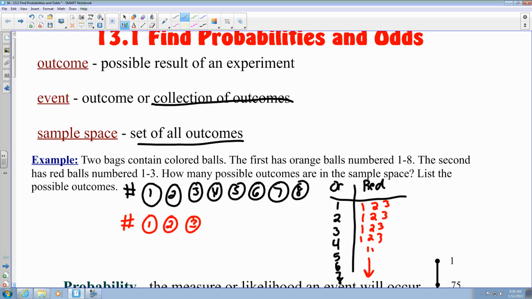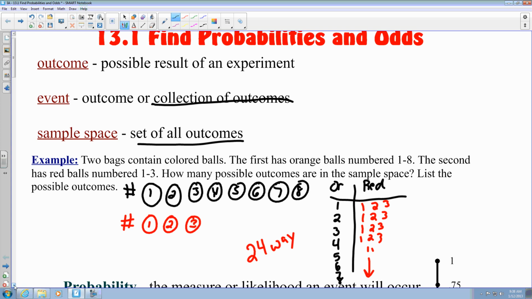And if I were to count how many different combinations or possible outcomes, I would have 24 different ways, or 24 different possible sample spaces. You could also write it like this.